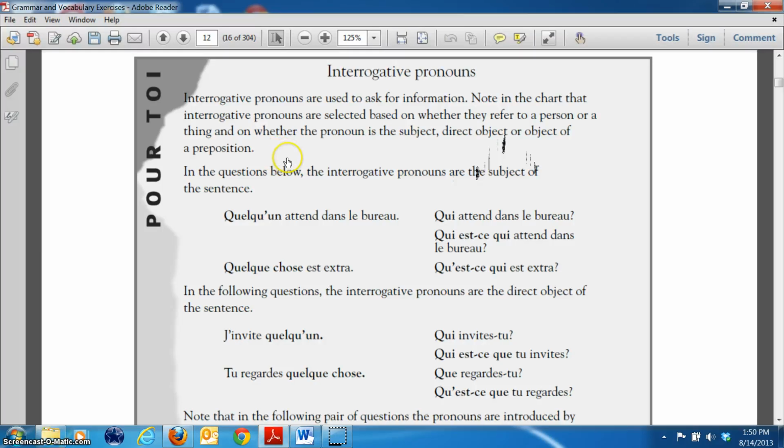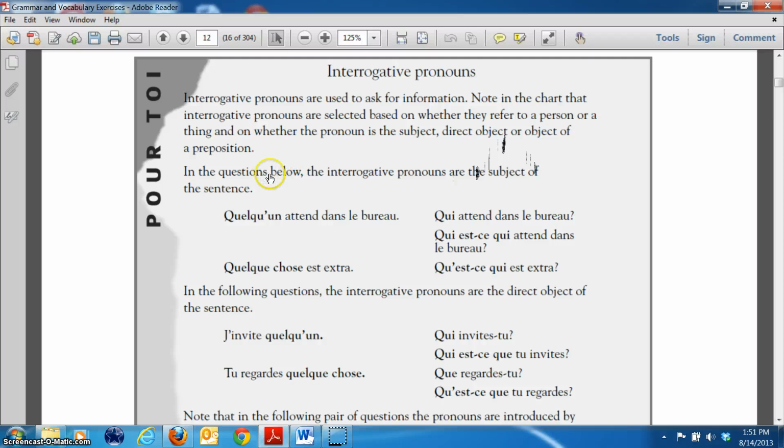So unless you're reading literature or very formal works, you probably will not actually hear this asked of you. It will nearly always be qui, who waits in the office. So this part right here tells you if it's a who, a person, for your answer, or if you think that the answer is going to be a what, or an object.